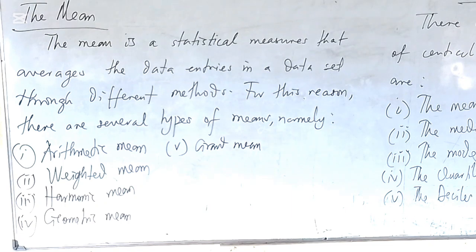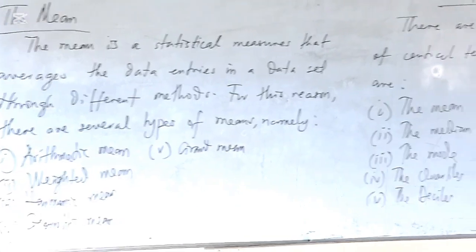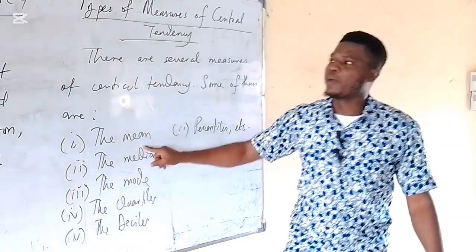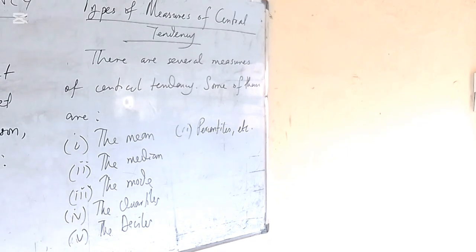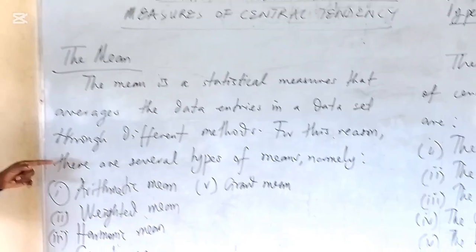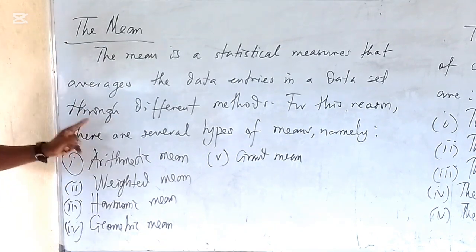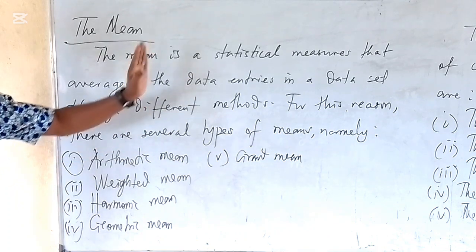So now, what did we say? There are several types of measures of central tendency. We are going to consider these ones and maybe 2 or 3 more. But now that we are under types of measures of central tendency, we are starting with the mean. We started with telling ourselves what the mean is: that the mean is a statistical measure of central tendency that averages all the data entries in a data set through different methods.